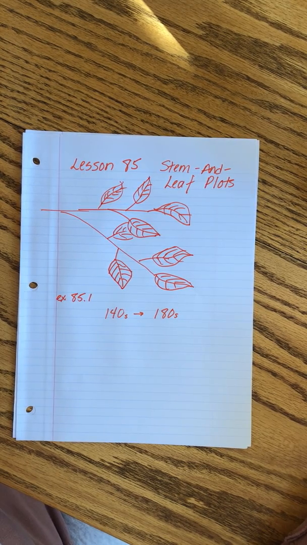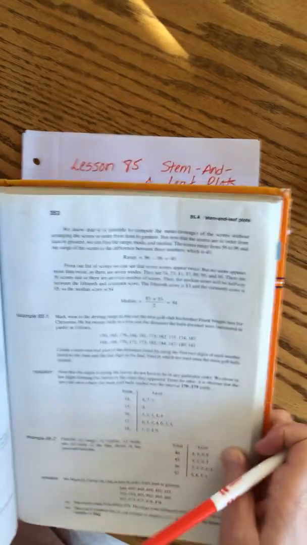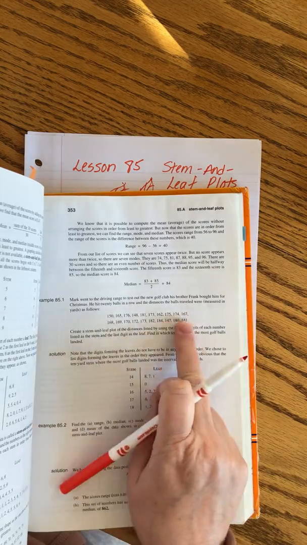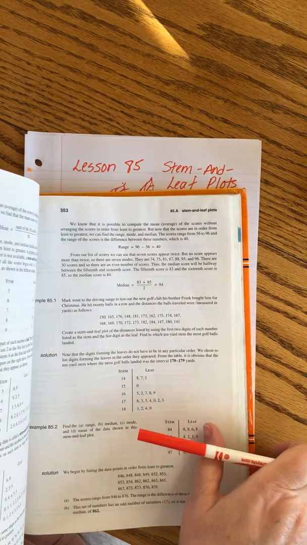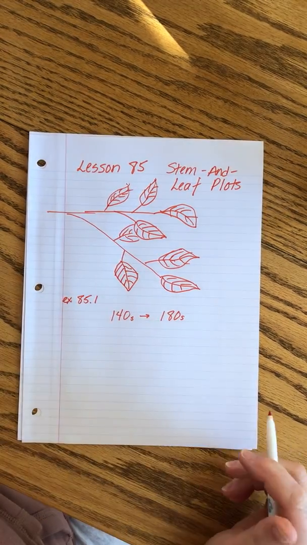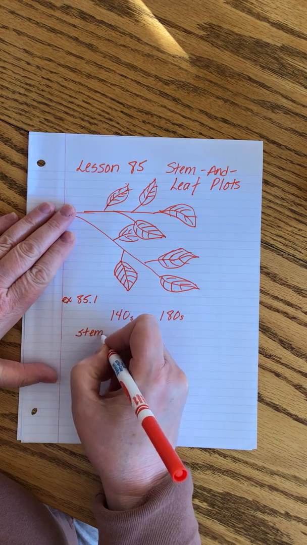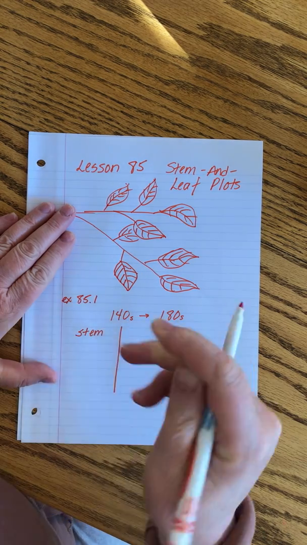So, a stem and leaf plot says, let's simplify this chart so that we can see these numbers without having to look at this whole ugly mess, because it's hard to get any good information out of that. So, what we do is we first decide on the stem part of this, okay?